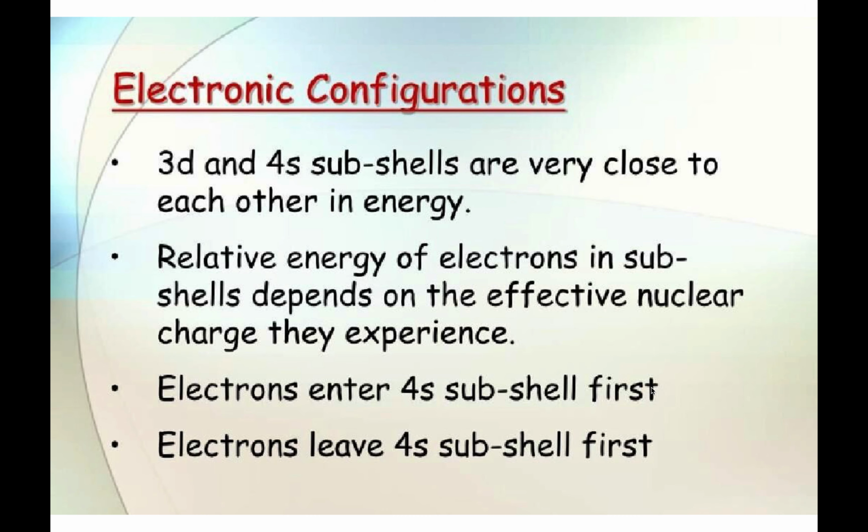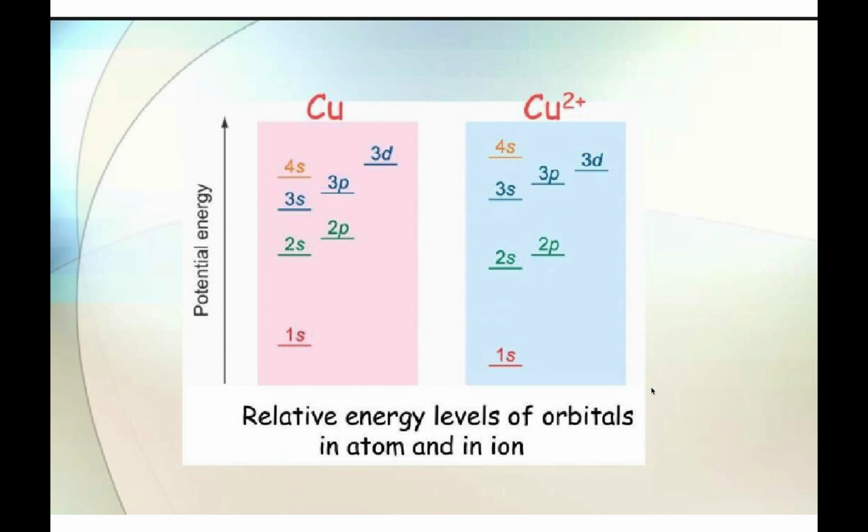The 3d and 4s subshells are very close to each other in energy. The relative energy of electrons in subshells depends on the nuclear charge they experience, and electrons always enter the 4s subshell first, and electrons also leave the 4s subshell first. Here you can see the relative energy levels of orbitals in the atom and in the ion. On the left side you can see the copper atom, on the right side the Cu2+ ion.